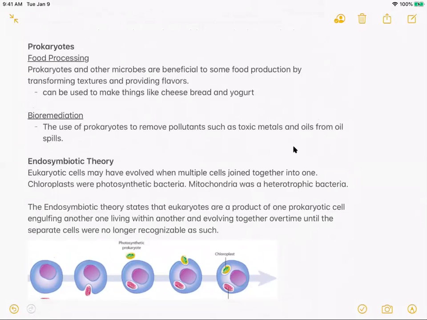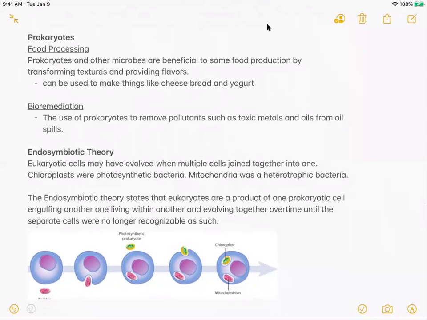This has been a really effective way in recent times to clean up those areas and help the environment around there without having to use things like plastics. They just put down prokaryotes and they do all of the work.